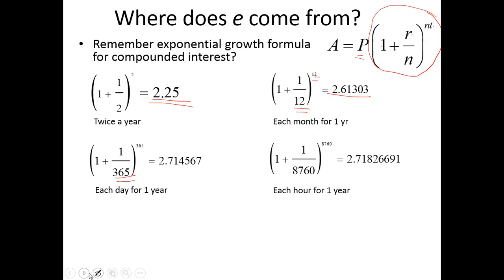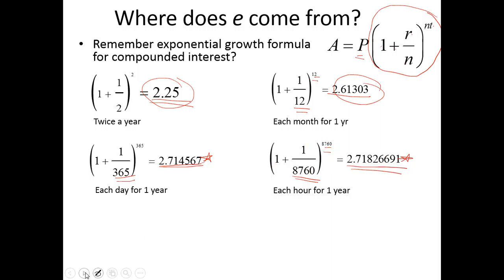And then if I do it every hour for a year, look at what happens. This is how many hours there are in a year. Now I have 2.718. Notice that it was drastically changing here and here, but the more often we compounded, there's not much difference between this number and this number, right? If I type this part in my calculator, I get this value.